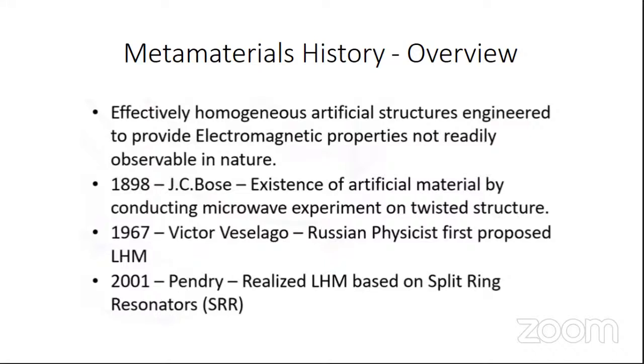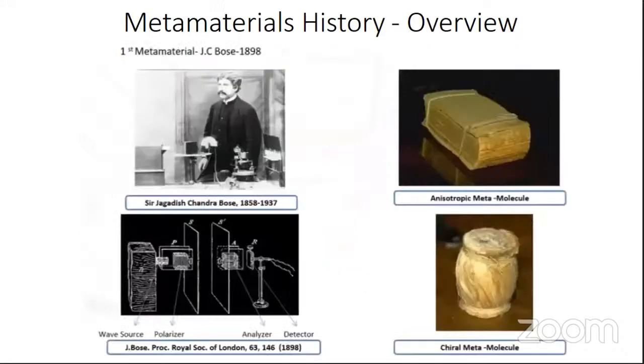Later, the Russian physicist Victor Veselago in 1967 first proposed the metamaterial structure. Later, other scientists like Pendry and Smith realized a complete metamaterial based on split ring resonators.